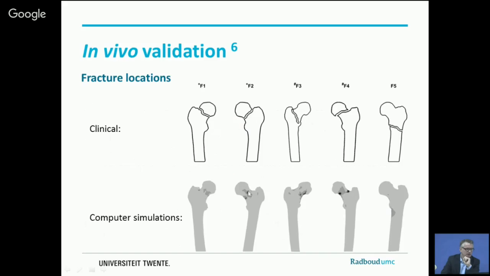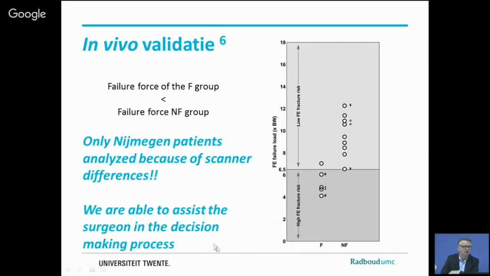And you can see that our fracture prediction is quite okay. So here there was a metastatic lesion more distally. We also believe it's more distally. And this is then the final result of the patients that were treated in Nijmegen. So we have 3 centers, and those are the patients in Nijmegen, our own center.